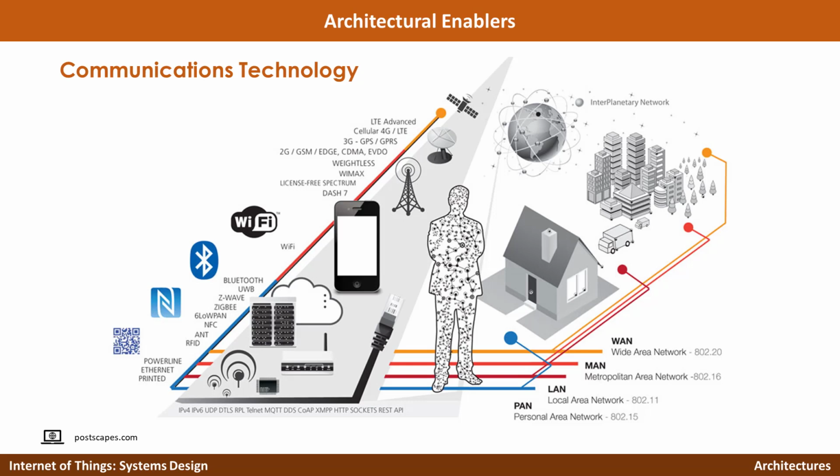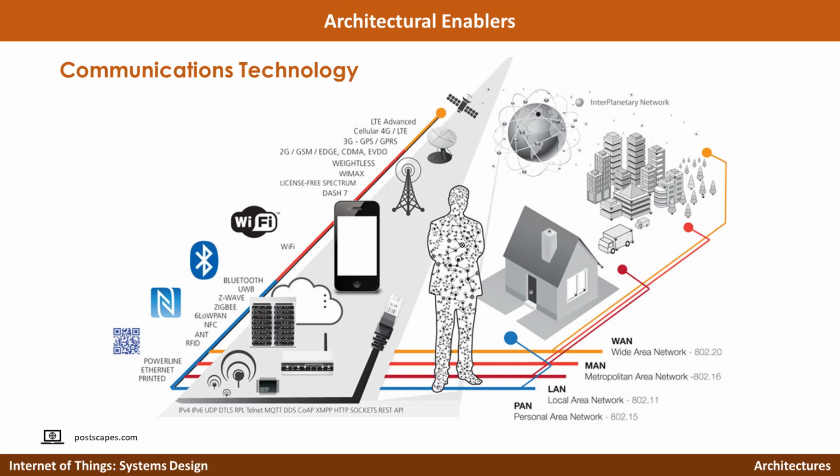PAN is personal area networks, which means that you can use it for short range communication. So you can see RFID, NFC, low power PAN, and then Zigbee, Z-Wave, Bluetooth. All these kinds of technologies are very short range. Then you have the local area network, you have Wi-Fi.